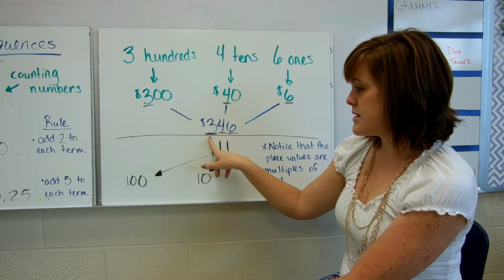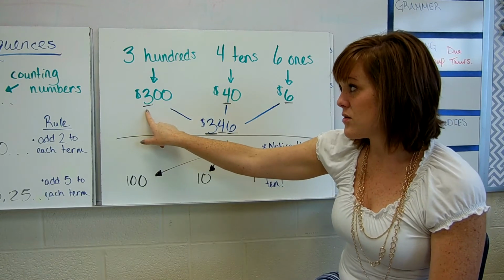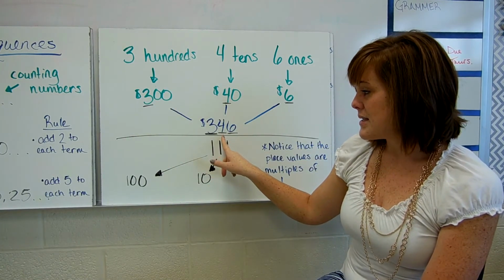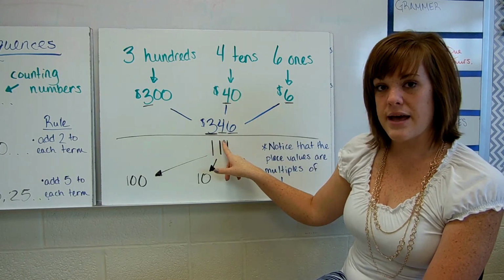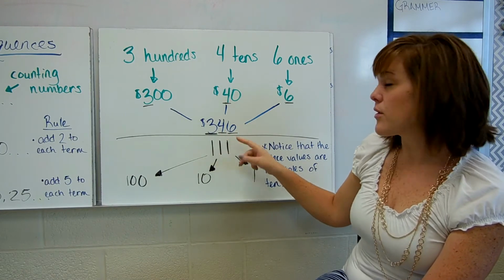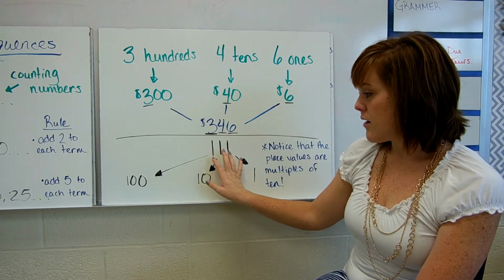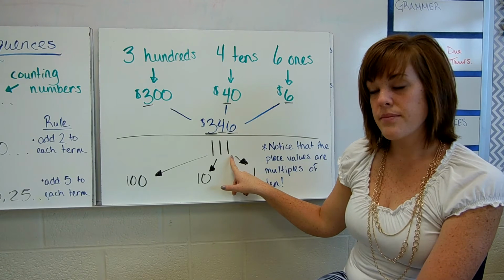So you see that this is the hundreds place value, and that goes to the number of hundreds I have. My tens place value goes to the number of tens that I have, and my ones place value goes to the number of ones that I have. Okay? Now, if I go the opposite way, let's say I have the number 111.